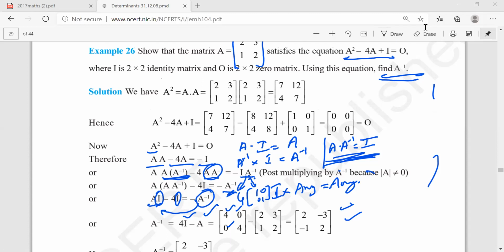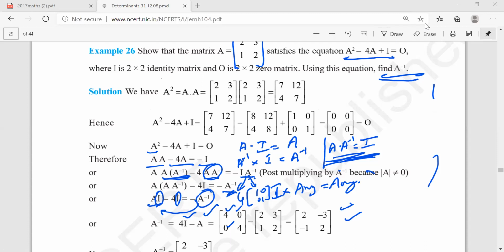Those who have finished can send me the answer on WhatsApp. I think I got it.